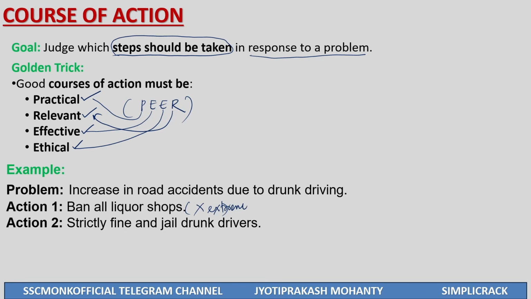By banning liquor shops, it won't solve the problem. Second, strictly fine and jail drunk drivers. This is logical, practical, relevant, effective, and also ethical. Because with this, those who are drinking might have some fear, and that's why this course of action should be taken, not action one.